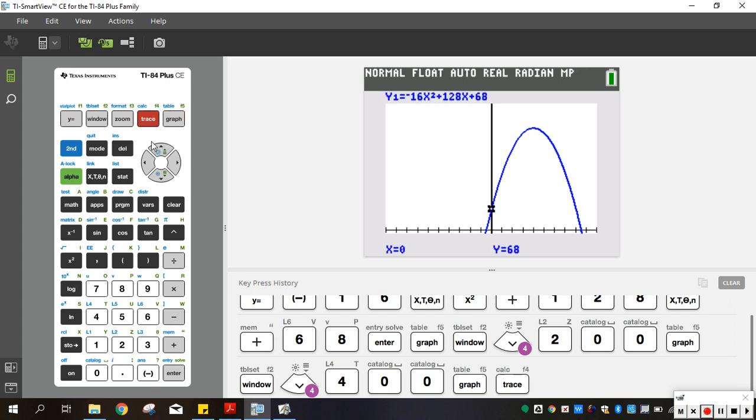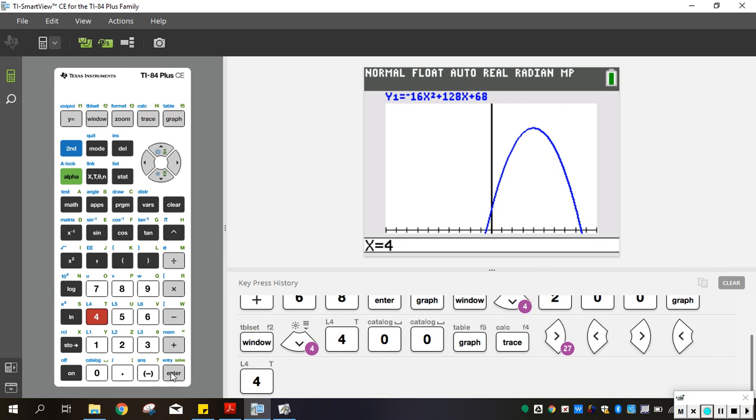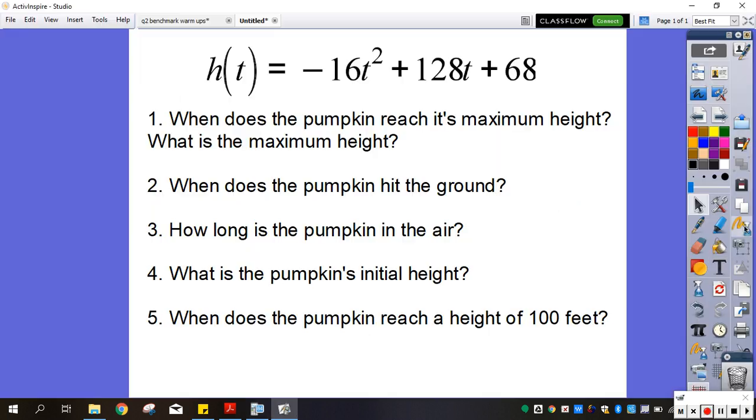So if I press trace and I move my cursor to approximately where that vertex is, and if I look at the bottom, I'm seeing my coordinates as I go, and as I get really close, it looks like it's around x equals 4, and I can force my cursor to go exactly to x equals 4 by just typing 4 and pressing enter. It will go straight there, and I now have the vertex. The vertex is (4, 324).